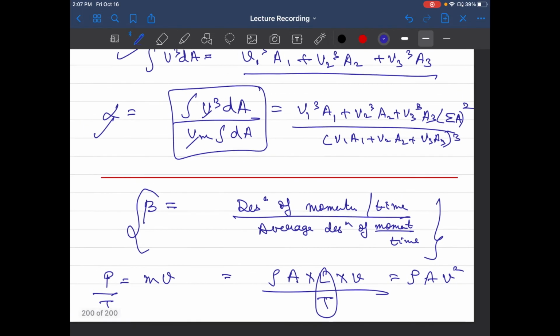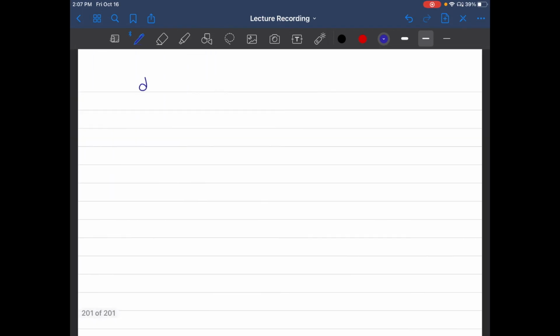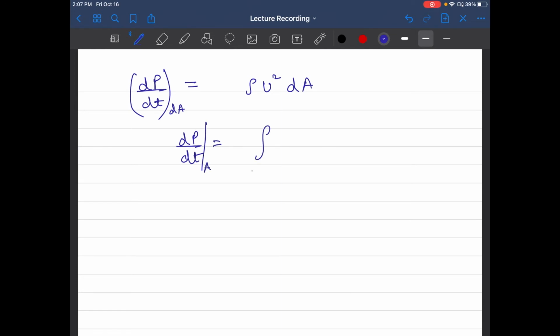If we are talking about flow through an infinitesimally small element of area, our dP upon dt, or rate of change of momentum per unit time through that section dA, essentially becomes rho v square dA. And if we are interested in the total change of momentum per unit time through cross section A, it simply becomes the integral over the entire cross section, which is rho v square dA.